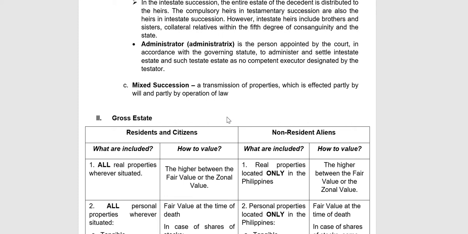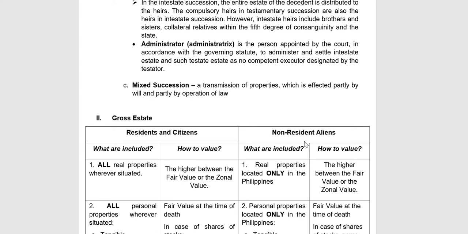Okay, so, if resident and citizen, all real properties wherever situated. Kasi within and without man, so wherever situated, meaning may it be nasa Philippines or nasa abroad, included pa din siya sa gross estate.